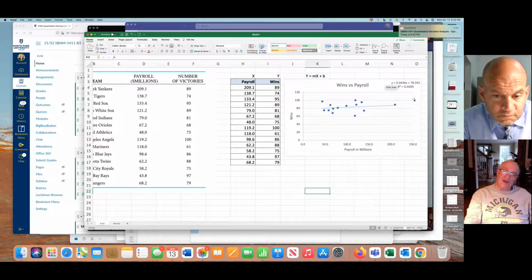In pure regression analysis, this line is valid from the minimum x value to the maximum x value, from the minimum y value to the maximum y value. So it really only applies to this space, like from 50 to 200 and change, and probably 60 to 100.